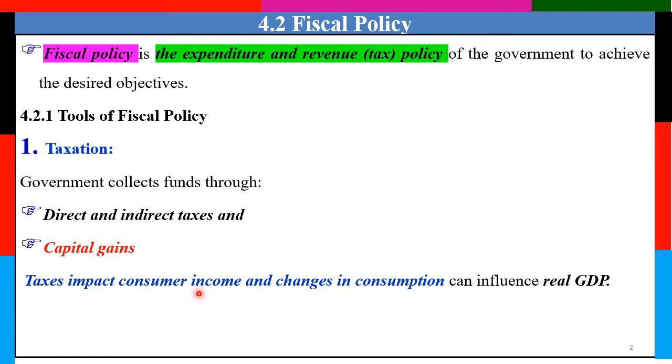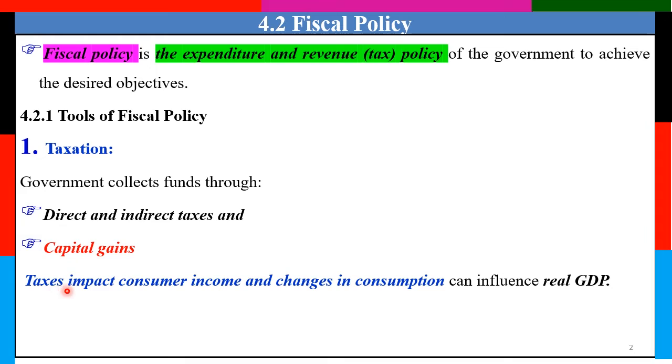Tax impacts consumers' income, and change in the consumption can influence what? The real GDP. This is obvious, what we already discussed last time. The impact of the tax on the aggregate demand: that means how the tax can affect the aggregate demand or the real GDP.